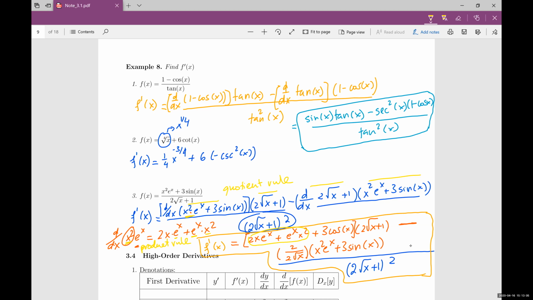And then you take the derivative of sine of x, which is just cosine of x, and you multiply to 3.